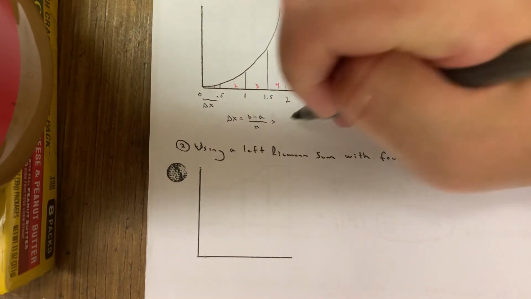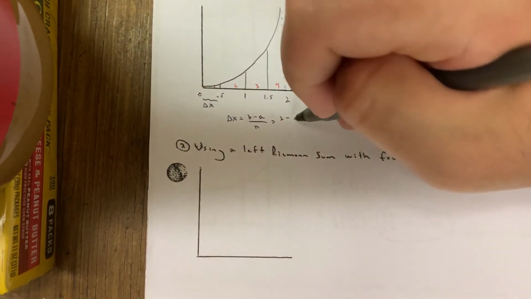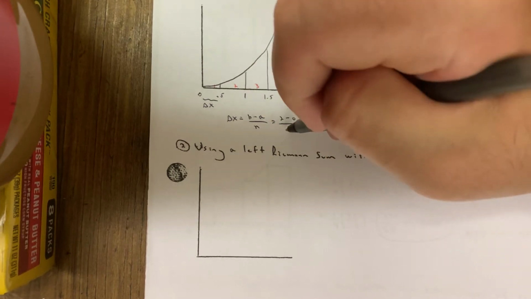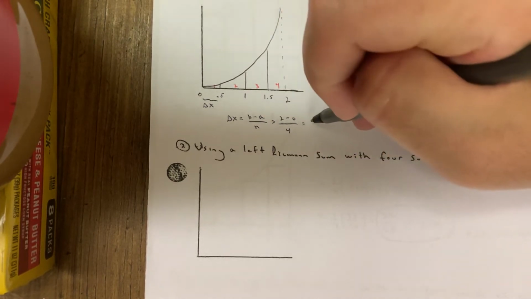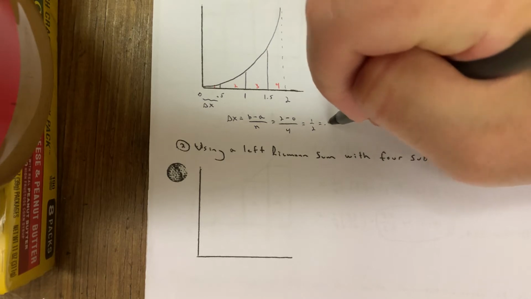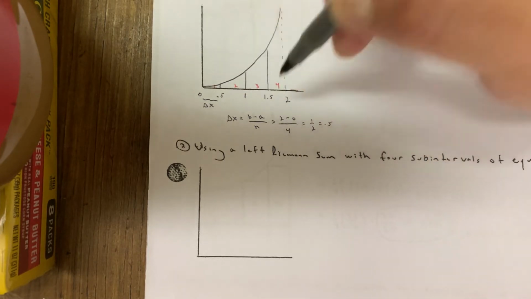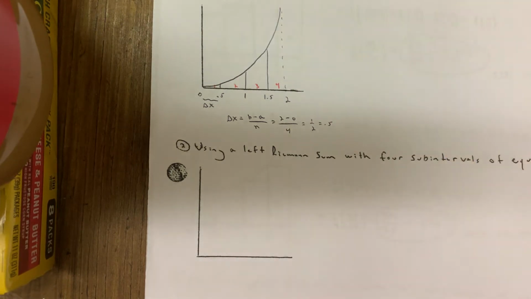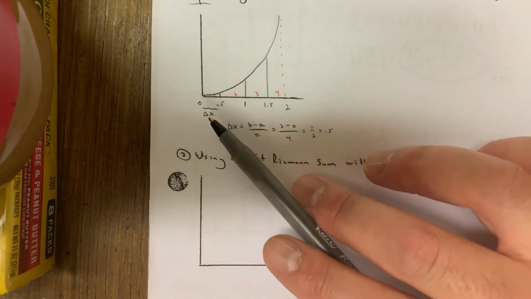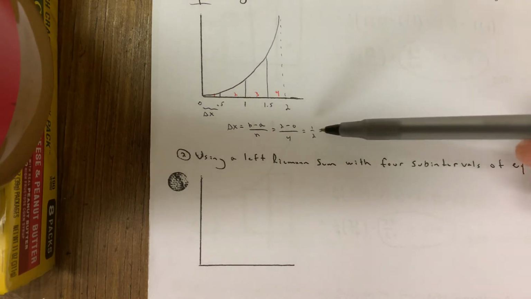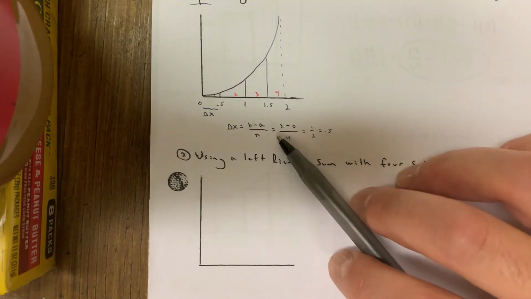B is the upper bound, which we know is 2 in this case. A is the lower bound, which we know is 0 in this case. And n is the number of subintervals, which we know is 4. So we really get 2 over 4, which is equal to 1/2. Same thing as 0.5. That's why you go 0.5 from here to here, here to here, here to here, and here to here. Other problems, you'll have like 6 subintervals, and you go from 1.6 up to 3, and it'll be a lot more difficult to get what delta x is. Use this formula right here.